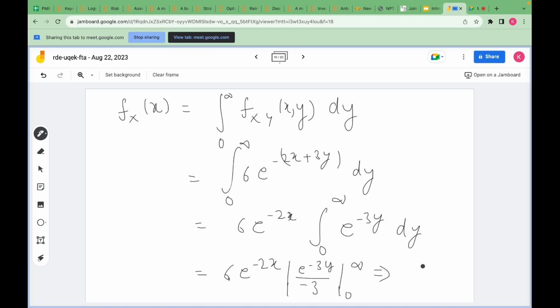Okay, so when we put infinity, this will become 0, and when we put 0, this will become 1. So this will be 0 minus 1 by 3, which becomes positive 1 by 3, and the 6 will cancel out with the 3, and this will become 2e to the power minus 2x.